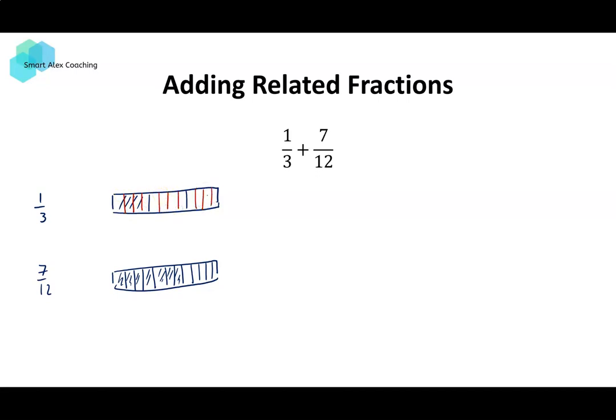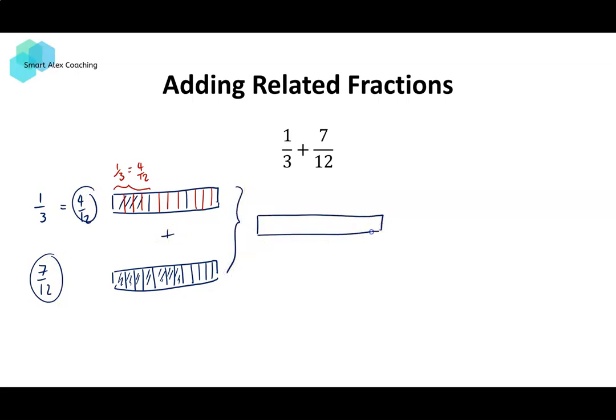And from here, what I see is that the fraction of a third is in fact the same as 4/12. They are equivalent fractions. So to add a third and 7/12, this is effectively the same as adding 4/12 and 7/12 together, which is going to give me 11 over 12.